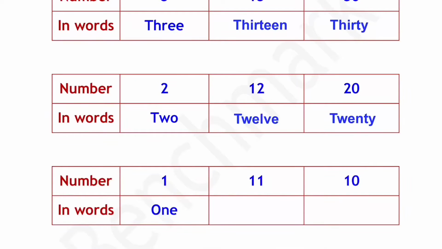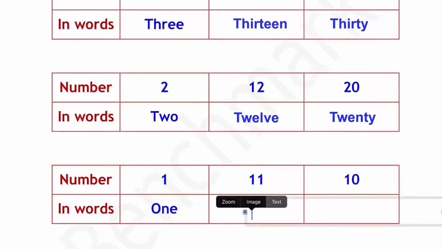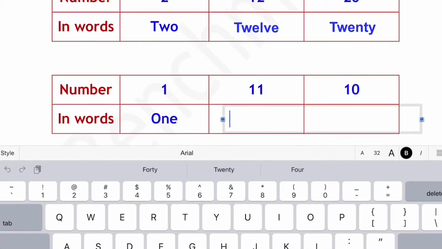TY is available, but TEEN is not there in 12. When 1 is kept in front of 1, that again is a different word, 11, ELEVEN. There, be careful about the spellings as well. There are 3 E's, and when 0 is kept after 1, it is 10.